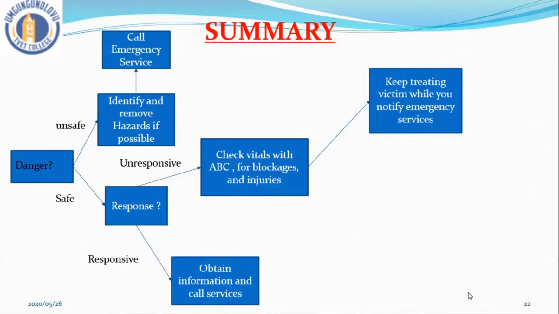If there is a danger and the area is unsafe, for example, if there's a fire and there are gas bottles lying around, you identify and remove the hazards if possible. Remember not to endanger yourself or the injured person, and you call the emergency services as soon as possible. You keep treating the victim while you notify emergency services.